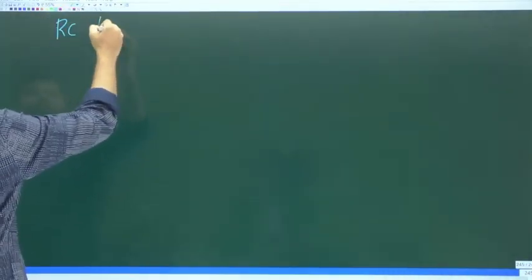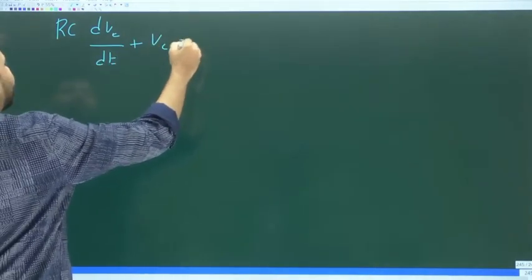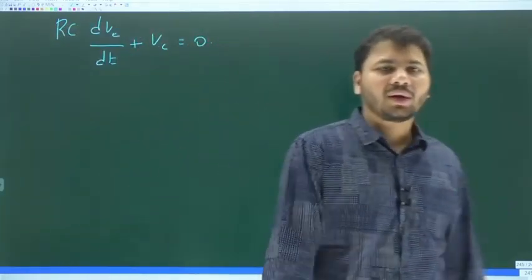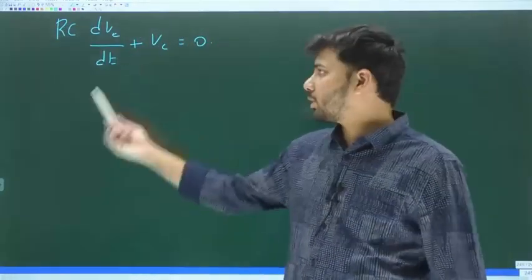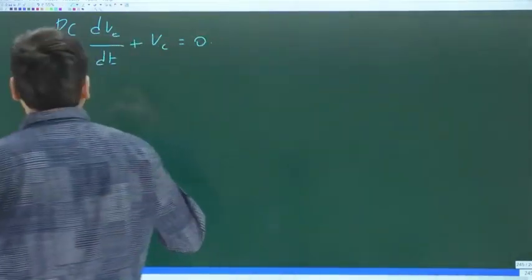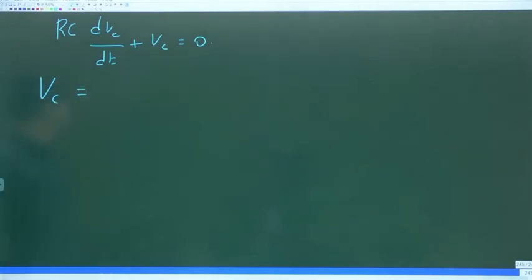So what is that equation? RC dVc by dt plus Vc equal to 0. The general solution for this linear first order homogeneous differential equation will be some type of exponential.